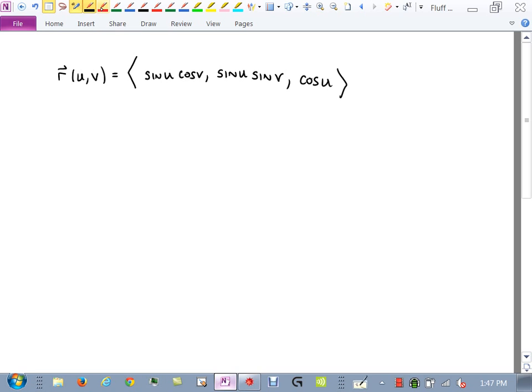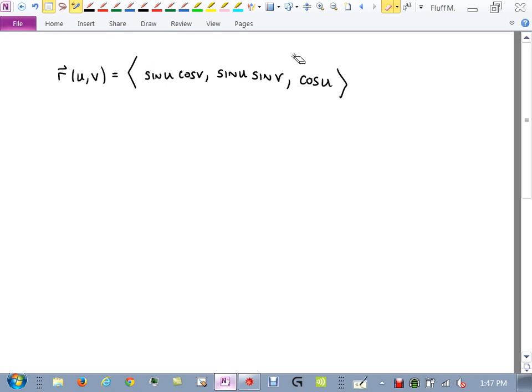Had the radius been something other than 1, because it's a unit sphere, we would have to account for that change in radius, and that change would go right in here. It would be like a, or r, or rho. So if we wanted the surface area of a sphere of radius 2, then we would put 2 in here. But we're doing the unit sphere, which makes it nice.